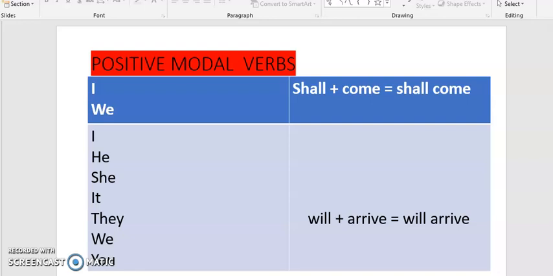They will arrive. We will arrive. And you will arrive. Okay, so those are the examples for positive future tense.